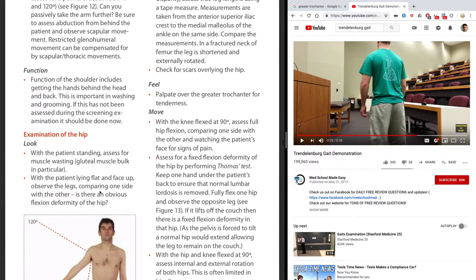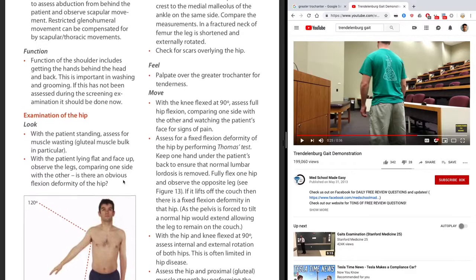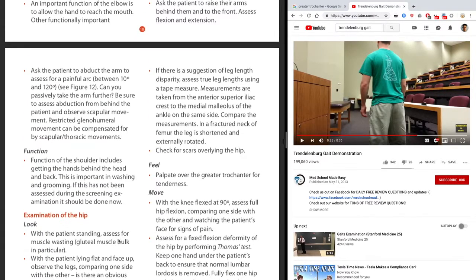Then you're going to ask them to lie down, see if there's any obvious deformity of the hip, any obvious fixed flexion, or any obvious disparity in the length, or any obvious externally rotated leg, which might indicate fractured neck of femur, and any scars as usual.